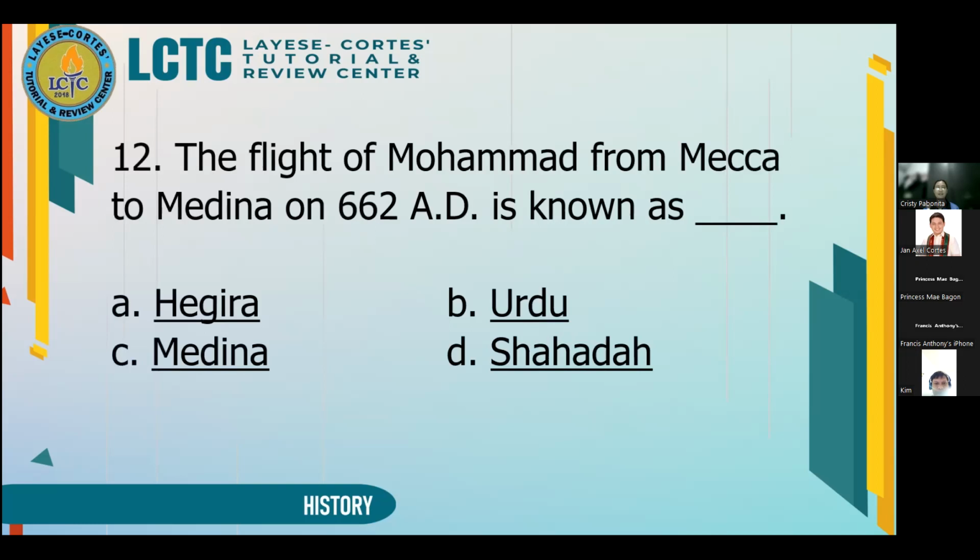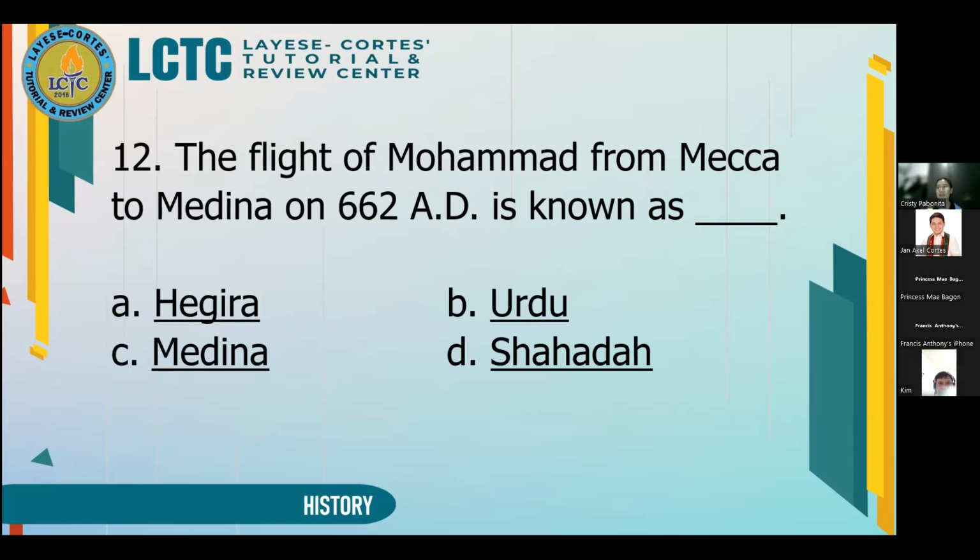Okay, next, still history. The flight of Muhammad from Mecca to Medina on 662 AD is known as blank. Is it A, Hijra, B, Urdu, C, Medina, or D, Shahada? Sir, A, Hijra. Huh?